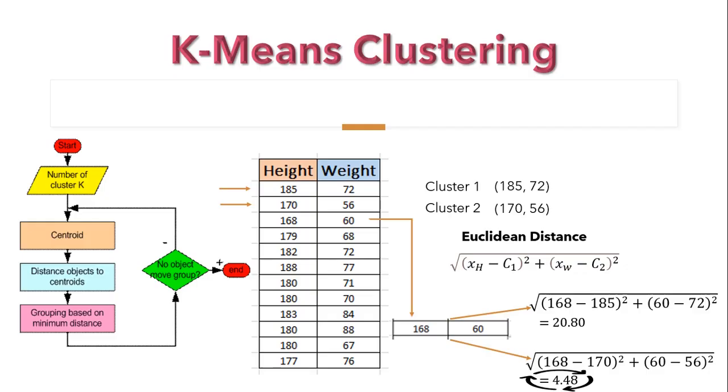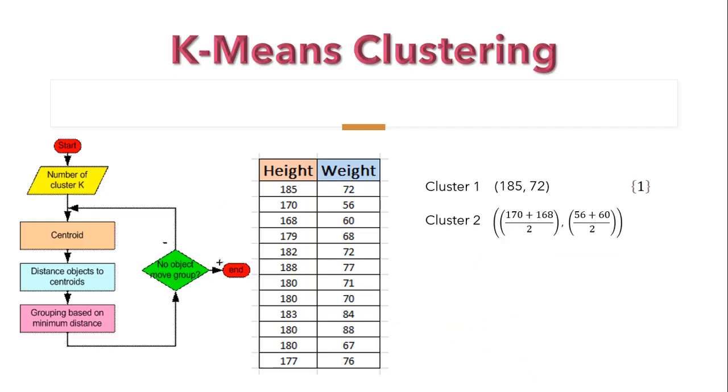So row 3 will be assigned to cluster 2, as we need to assign to the nearest cluster as mentioned earlier. As row 3 has been assigned to cluster 2, our centroid value will change. We will take the mean: (170 plus 168) divided by 2, comma (60 plus 56) divided by 2, and now our updated centroid value will be 169, 58 for cluster 2.